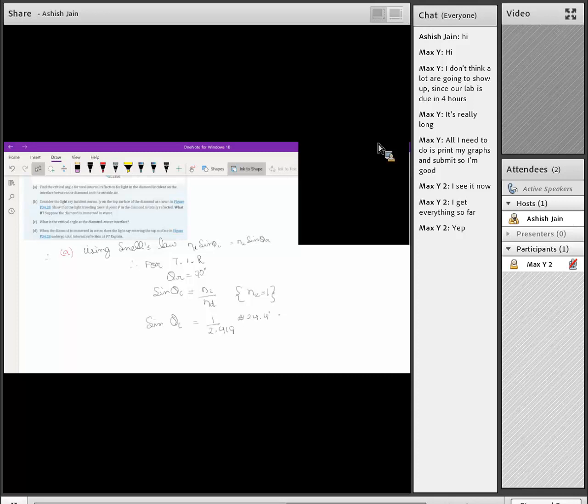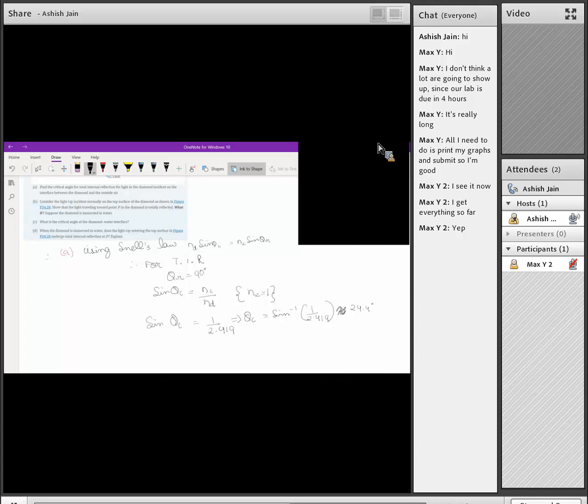That's your critical angle. Sorry, that was a shortcut. We should write that theta C is sine inverse of 1 by 2.419, which should be equal to approximately 24.4 degrees, if I remember correctly.